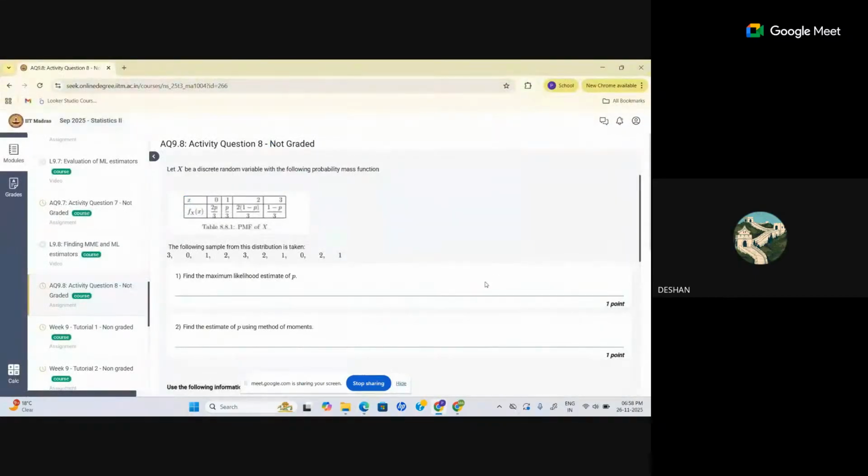Ma'am, which is the important topic of this week? In week 9, especially, we have MLE and MME. These questions will definitely come in the exam. So majorly we have these three things only: MLE, MME, and the bias, variance, and risk of the estimator.